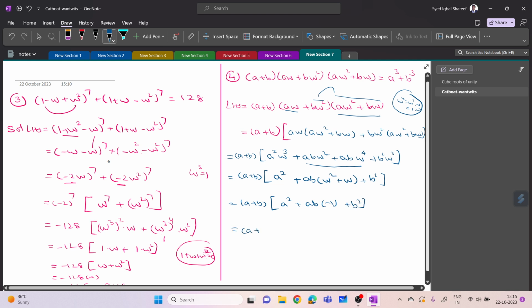So this is A plus B into A square minus AB plus B square, which is equal to A cube plus B cube, which is our right hand side. Okay, this is problem number 4. We are doing cube root of unity, problem number 4.